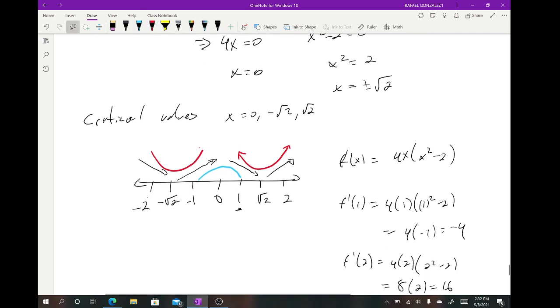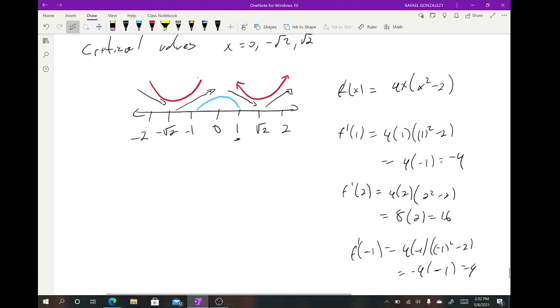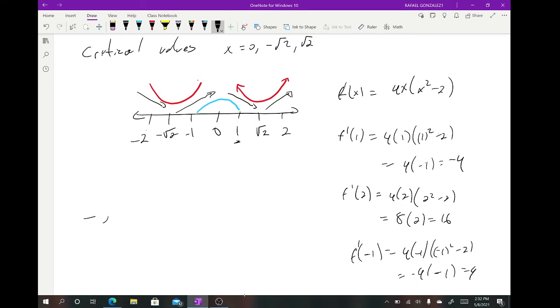So we can now talk about the intervals. From minus infinity to negative radical 2, we are decreasing, meaning from this side up to here we are decreasing.